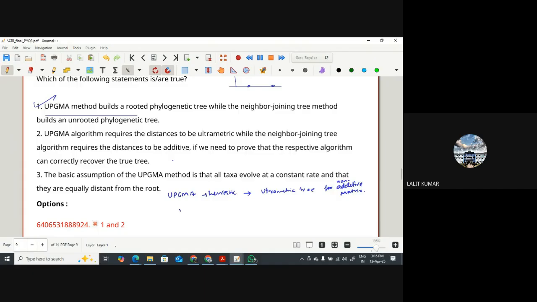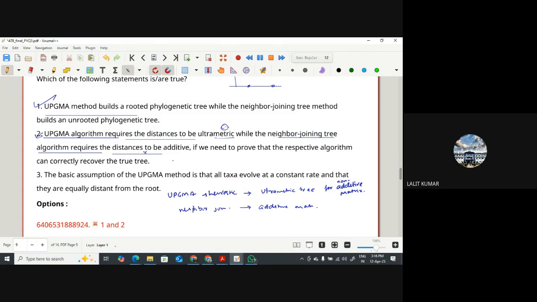Whereas neighbor joining works for additive matrices only. So the UPGMA algorithm requires the distance to be ultrametric, while the neighbor joining algorithm requires the distance to be additive. This is true, but this is false. Okay, this can work even for non-ultrametric also.